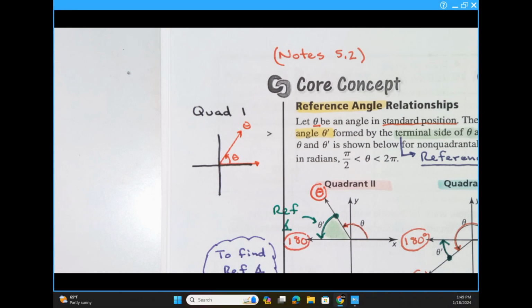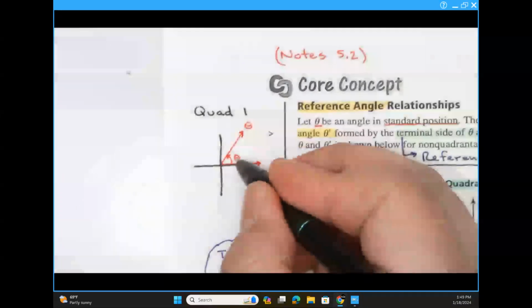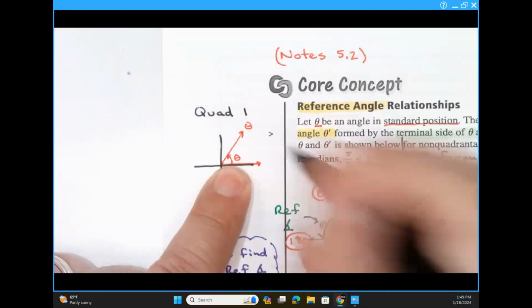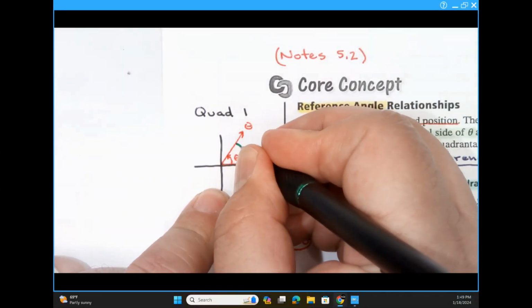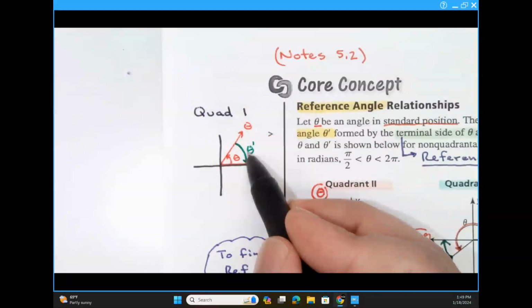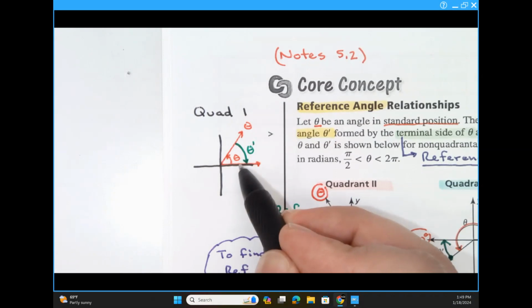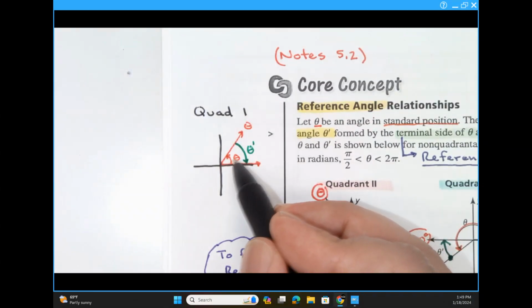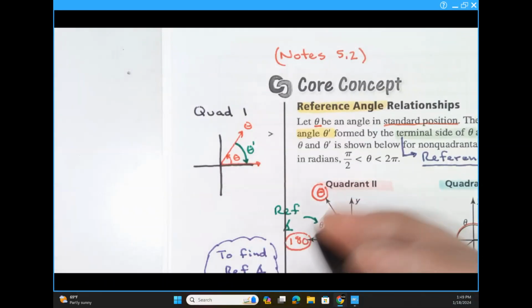But then they said, remember, a reference angle has to be less than 90. Well, this angle is less than 90. And to draw a reference angle, I have to go back to the x-axis. There's my theta prime. Well, if you notice, it's the exact same thing. In quadrant 1, it's the only time your angle matches your reference angle perfectly.